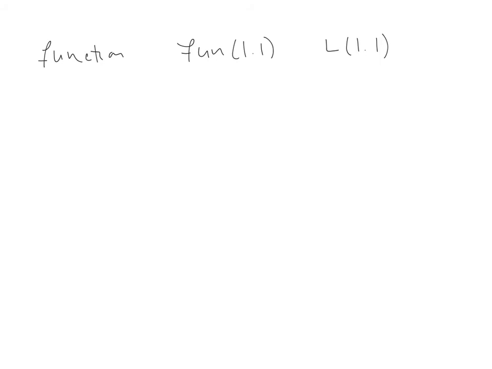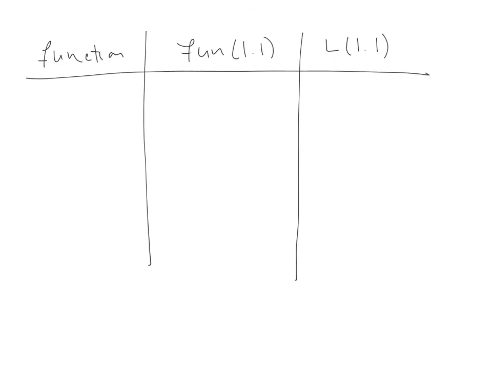I want you to fill in this table for f, g, h, and j. And L of 1.1, since it's just x minus 1, is just going to be 0.1, and that's going to be the same for all of them.